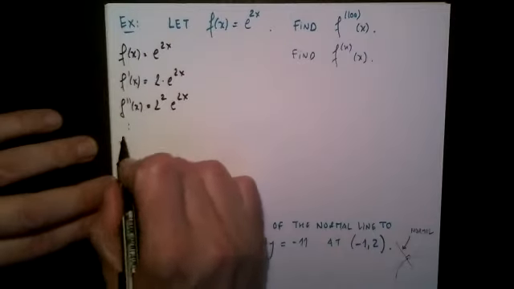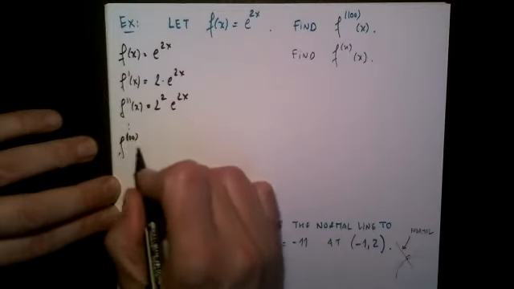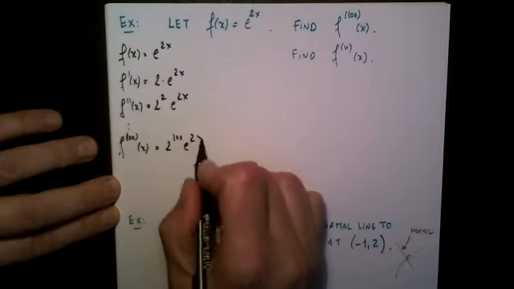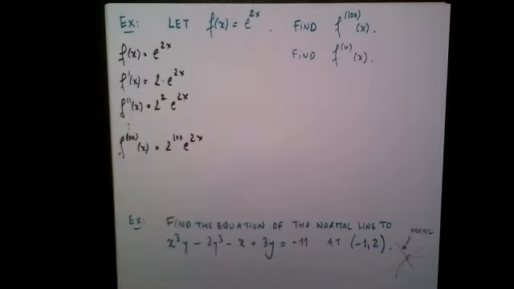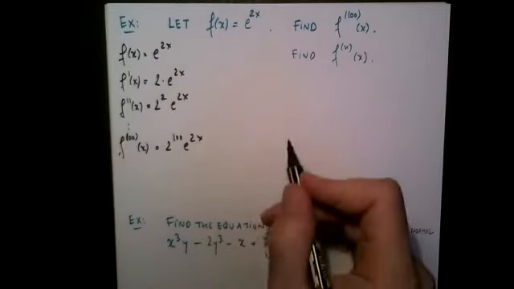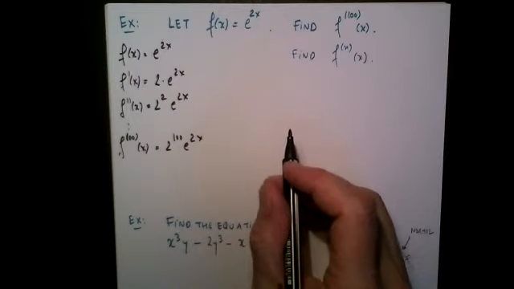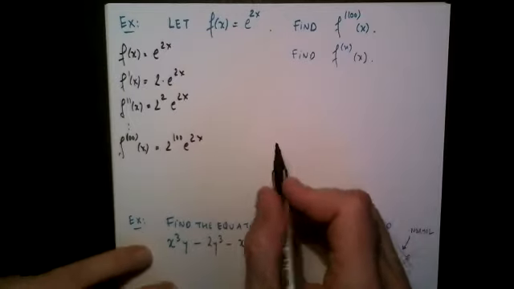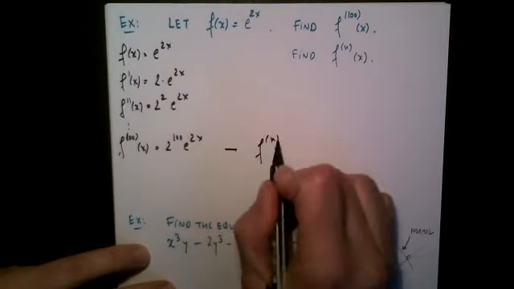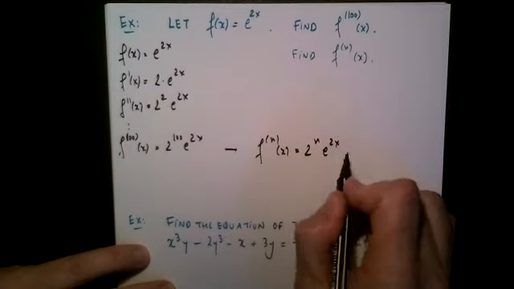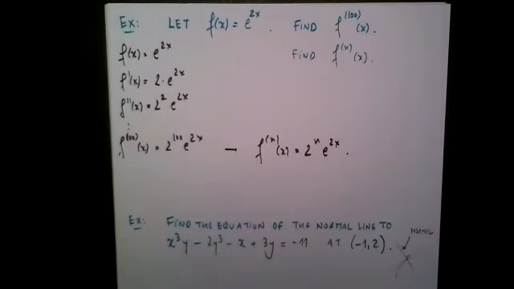And so obviously the 100th derivative will be 2 to the power 100 e to the 2x, right? And if you want to generalize, then the nth derivative is 2 to the power n e to the 2x. Okay, easy? It's an easy question.